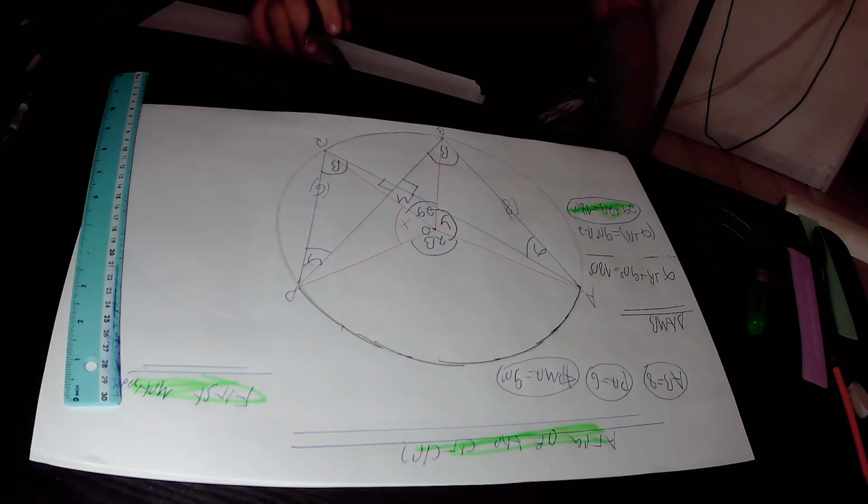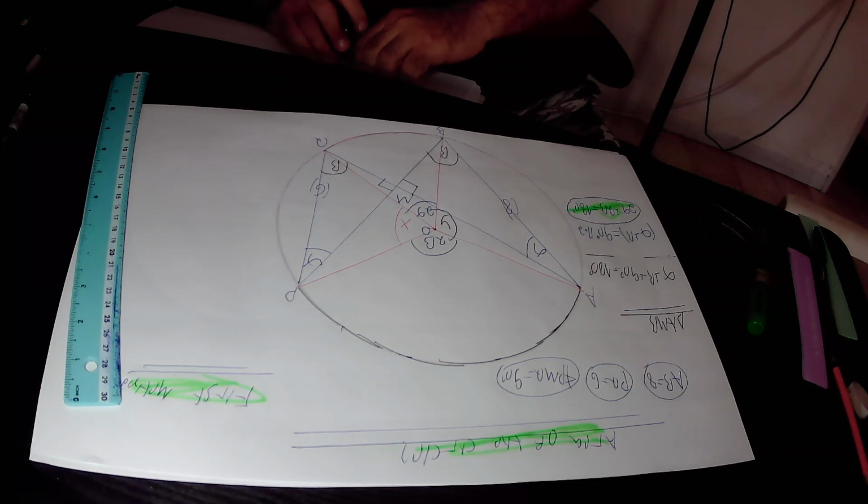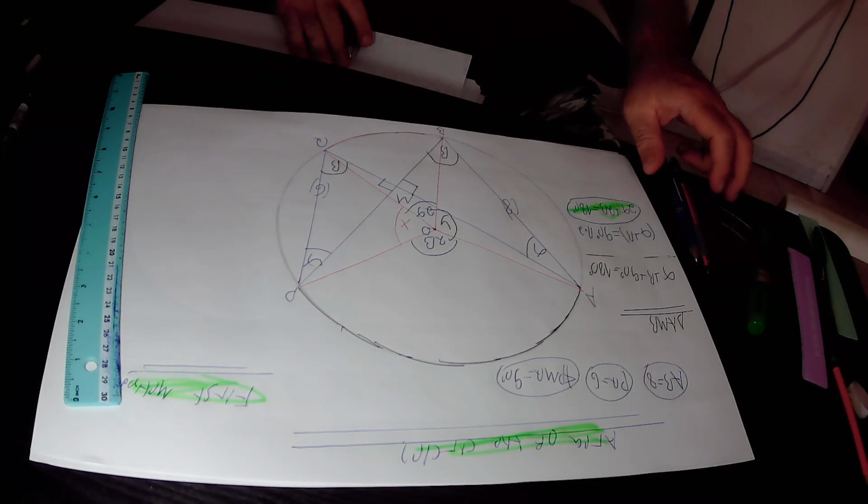We have the rule that states that the sum of the angles around any point is equal to 360 degrees. And therefore, the sum of the angles around point O, that is the center of the circle, must be equal to 360 degrees. So, write it down.